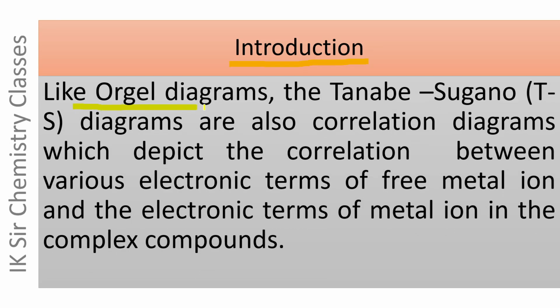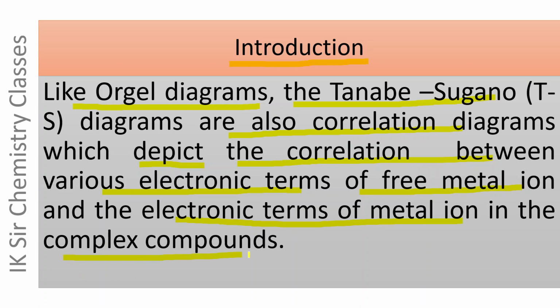Like Orgel diagrams, the Tanabe Sugano diagrams are also correlation diagrams, which describe the correlation between various electronic terms of free metal ion and the electronic terms of metal ion in the complex compounds.